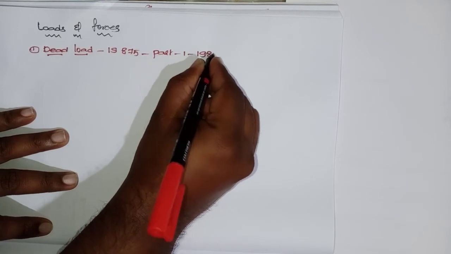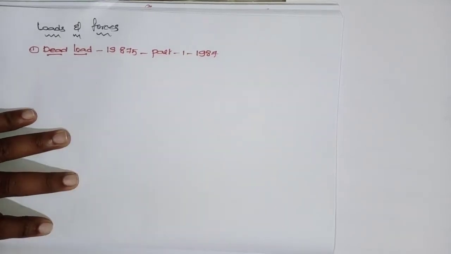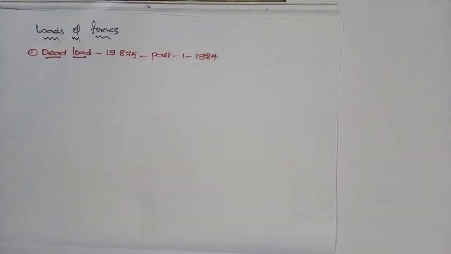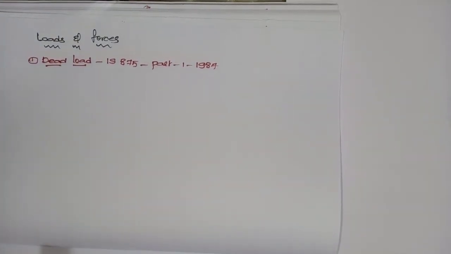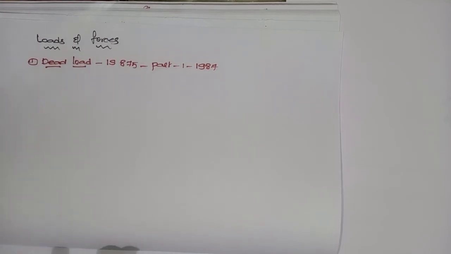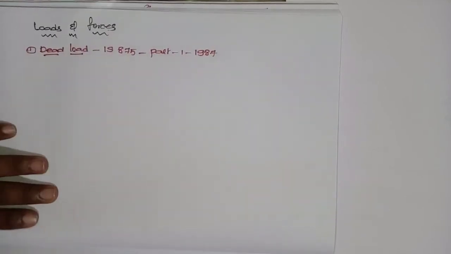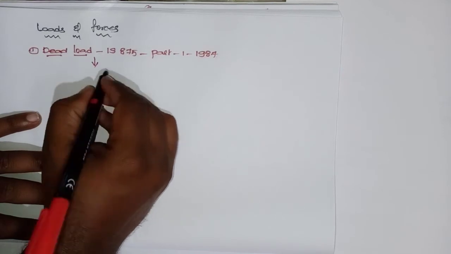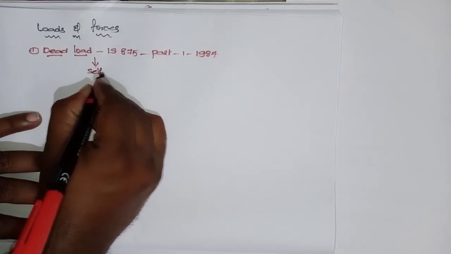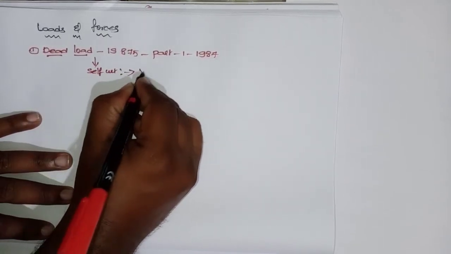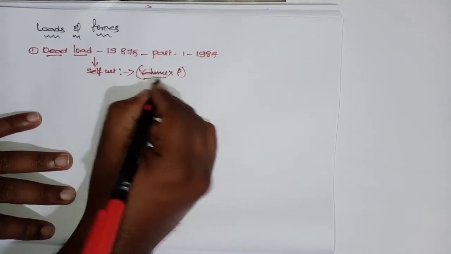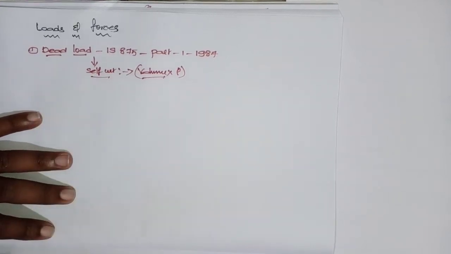What you will be getting from this code is the self weight, the unit weights of particular materials. The unit mass of steel is 7850 kg per meter cube, as we saw in the earlier class on physical properties, right? So how to calculate the dead load of a particular member: dead load is nothing but self weight. If I know the volume and multiply it with the unit mass, I will get the self weight.